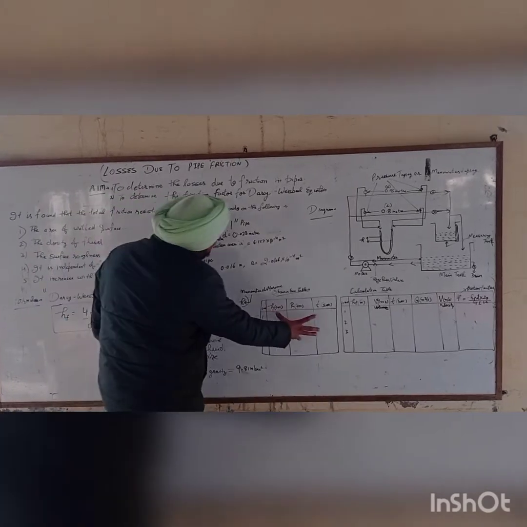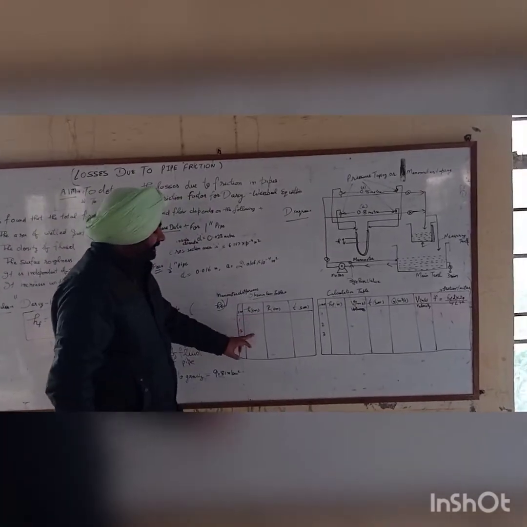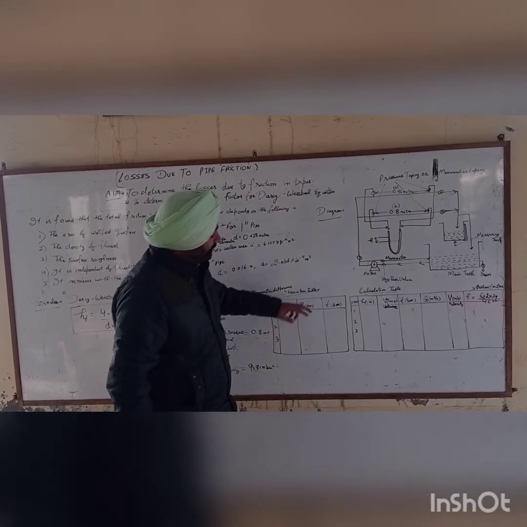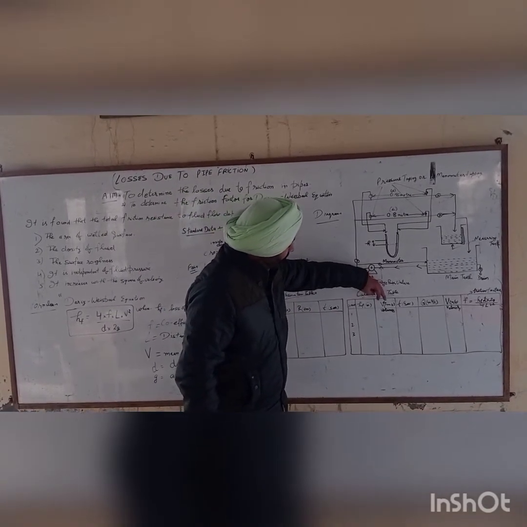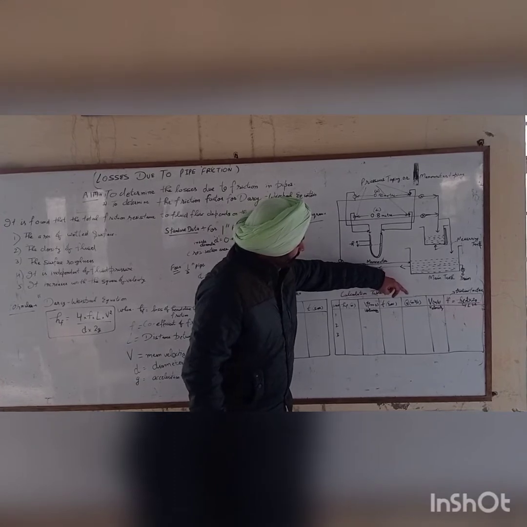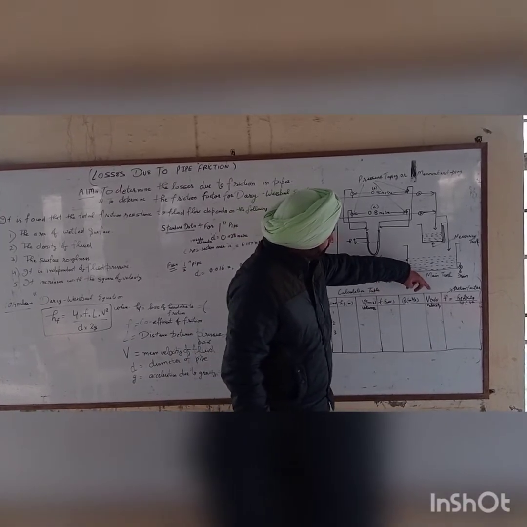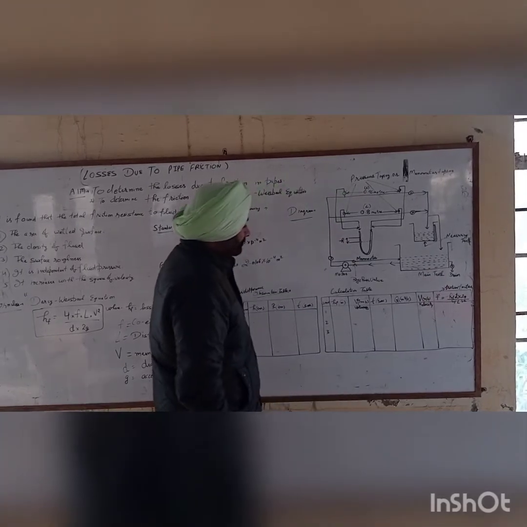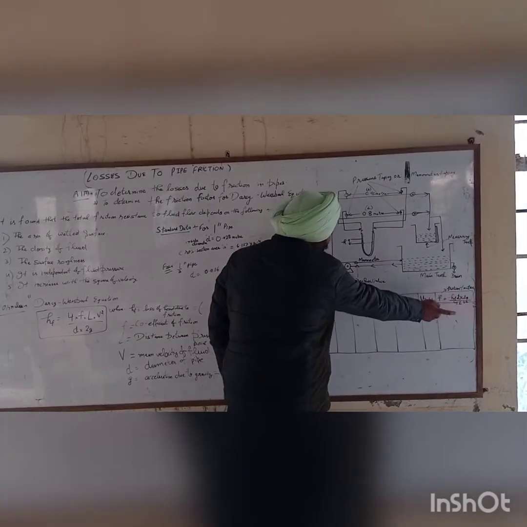When you have observed this, आपने इसकी कैलकुलेशन नोट कर ली H, R and T, then you have to calculate HF, V, then discharge. This is velocity. This is F. दो Darcy-Weisbach equation के accordingly you have to calculate this also.